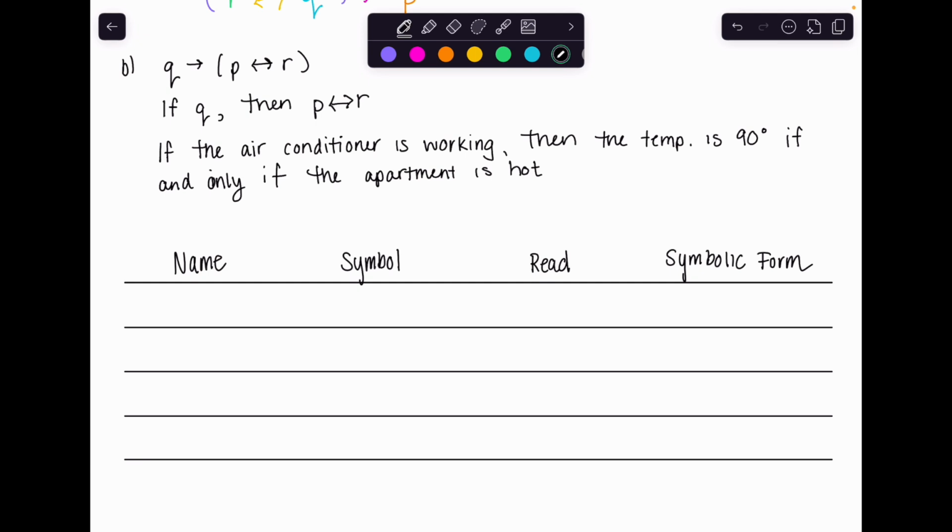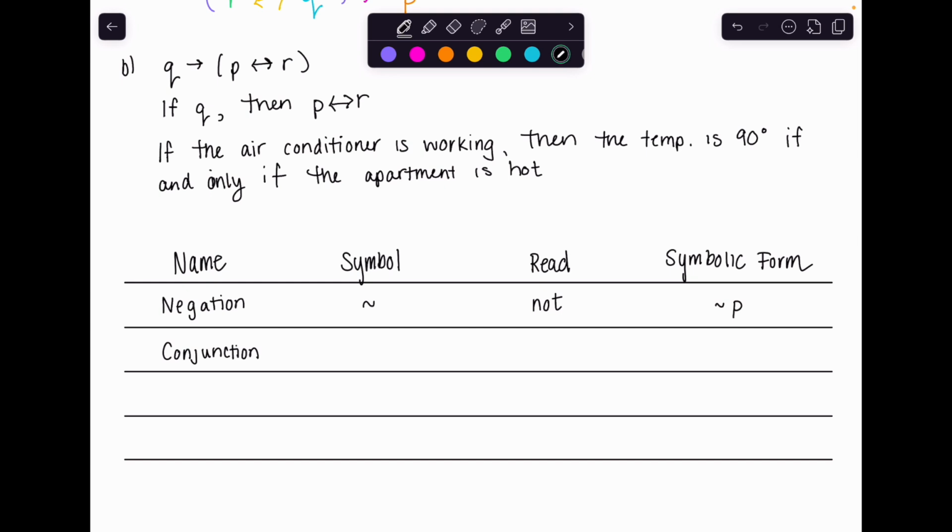So for our different operations, the first one we learned is the negation. The symbol for that is that tilde, and the way you read this is not. This can act on a single statement, it can act on something in parentheses, but you put that tilde in front of the statement P, Q, whatever it is. The second operation is the conjunction.